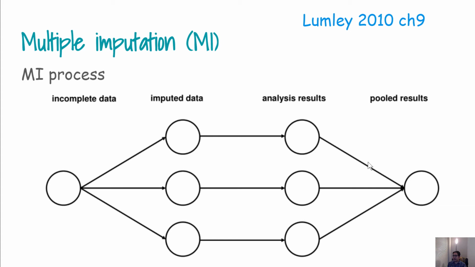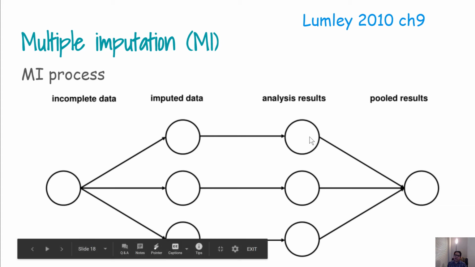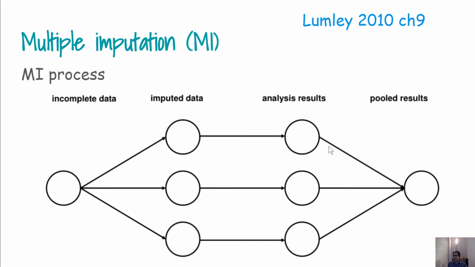But in the process, I will also pool the results to get the reasonable version of the standard error. What is the reasonable version of the standard error? It is basically a standard error that takes into account the fact that some values were missing, and we imputed some values based on the predictive distribution of the imputation model that we have built, but there is no guarantee that the value that we have imputed is the true value. Say for example, for one age, if we impute a value of 34, how are you making it different from all of the other values about which there is no uncertainty?